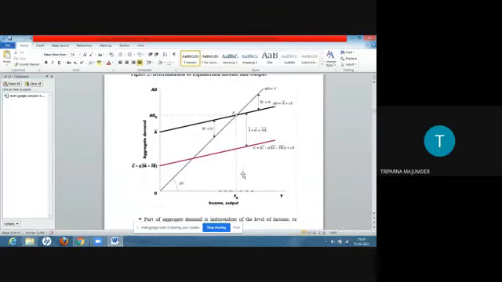Now we assume away that there is G or NX. That is, our autonomous expenditure comprises only of investment.